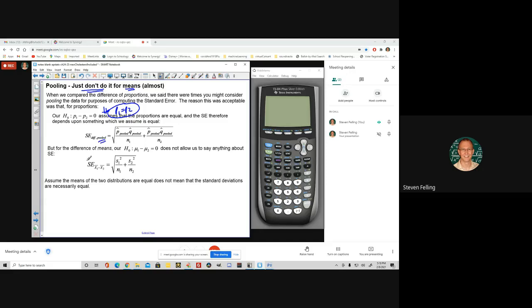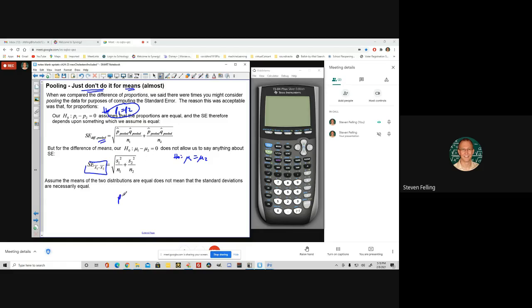But in the differences of means, the standard error does not depend upon the means at all. The null hypothesis is going to be something like mean one equals mean two. And if that was asserting that were true, we could claim that the populations were similar enough to be able to pool the results. But because the standard deviation here is not the same, it's not that.